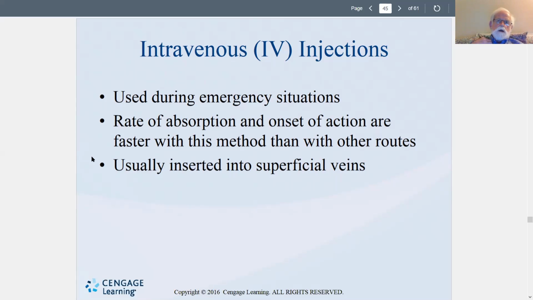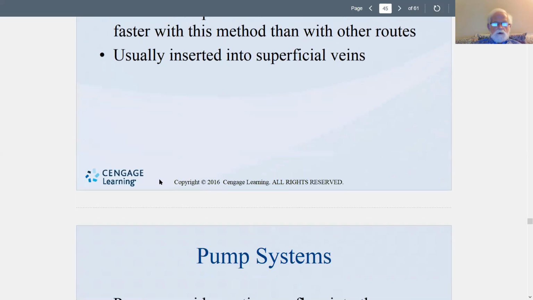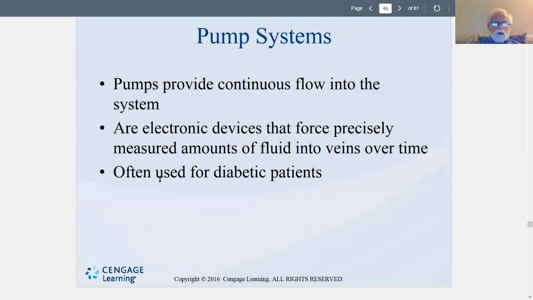In some cases, it'll go into the subclavian vein or one of those. Usually superficial, but not always. Basically, the drug is circulating within 2 minutes. That's about the amount of time it takes for blood to make one pass through the entire body. It goes straight in and all of it's there.